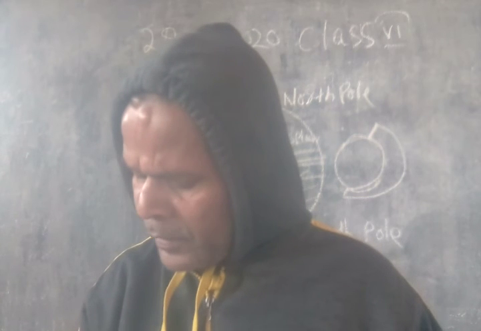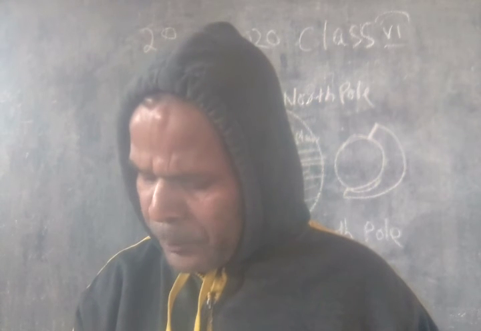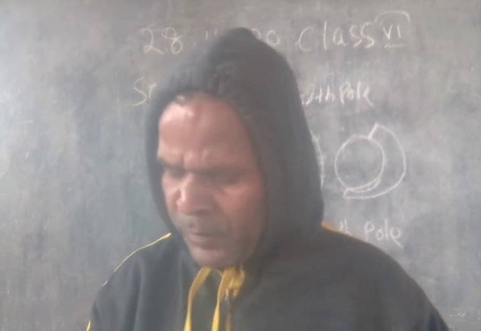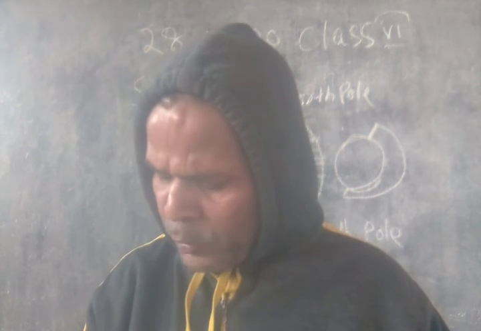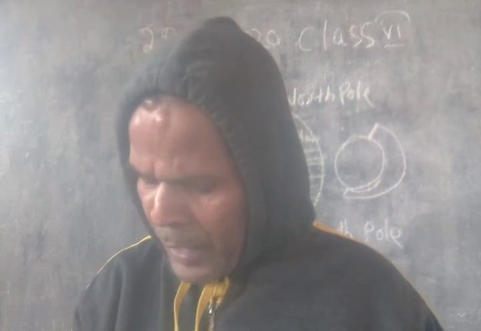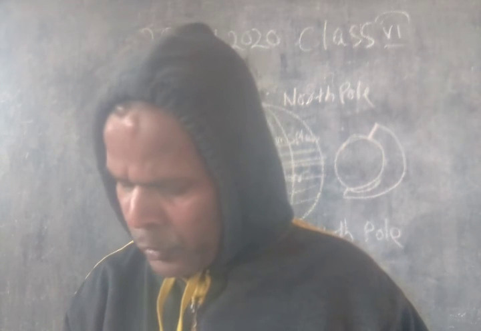Thus the equator is an imaginary circular line that serves as an important reference point to locate places on the earth. All circles parallel to the equator going up to the North Pole or South Pole are called parallels of latitudes.